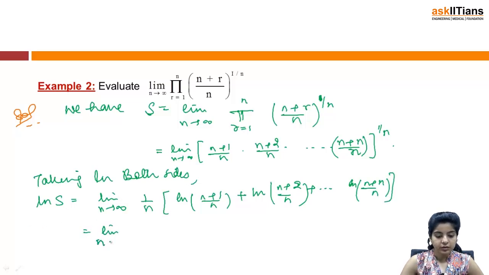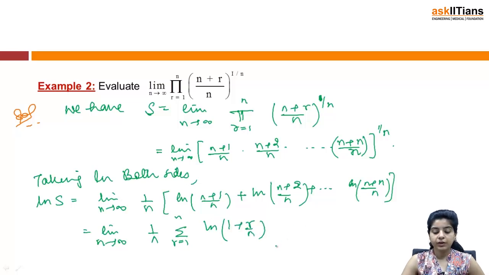This can be written as limit n tends to infinity of 1/n summation r going 1 to n of ln(1 + r/n), and this in fact can be written as the integral 0 to 1 of ln(1 + x) dx.